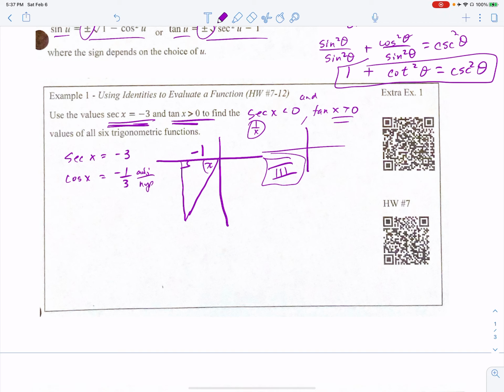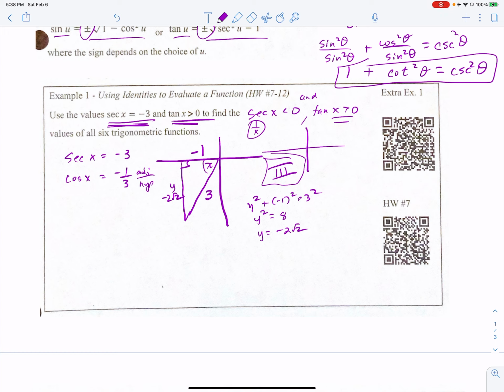So negative 1 will be the x and the hypotenuse will be 3. And so then you are going to find the y value by going y squared plus a negative 1 squared equals 3 squared. Or y squared is 9 minus 1, which is 8. But because it's in quadrant 3, it's going to be a negative 2 root 2 when you take the square root and you simplify it. So this side is going to be negative 2 root 2.